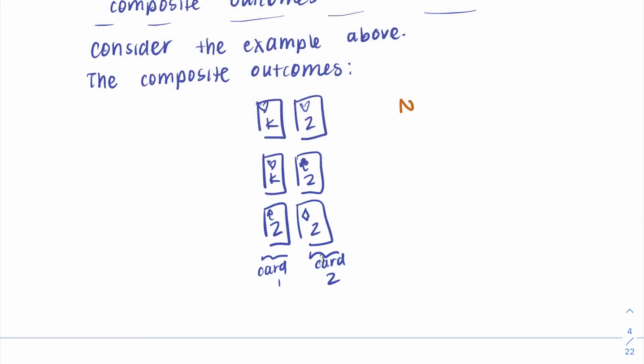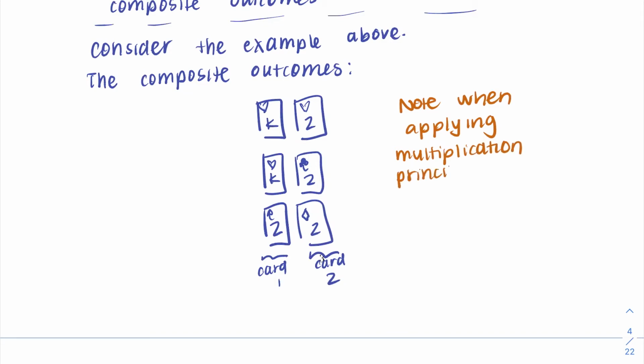So I'm going to say note, when applying multiplication principle, we want to make sure the composite outcomes will be different.